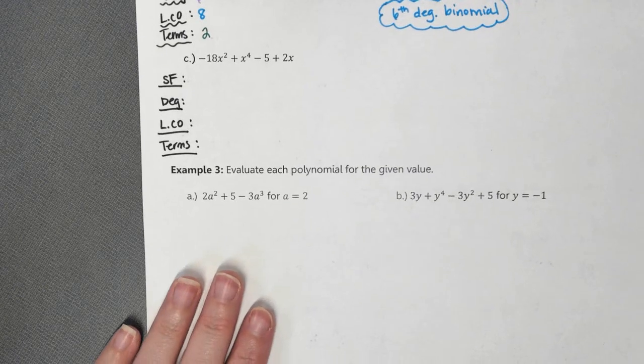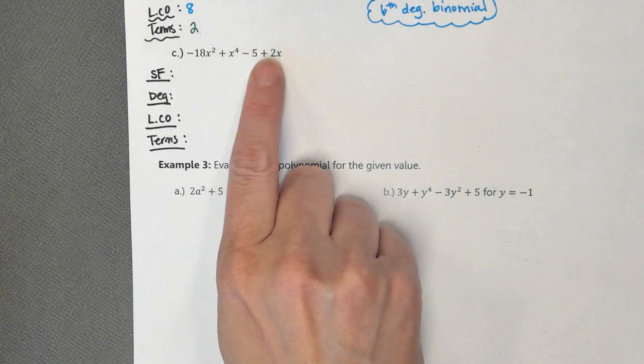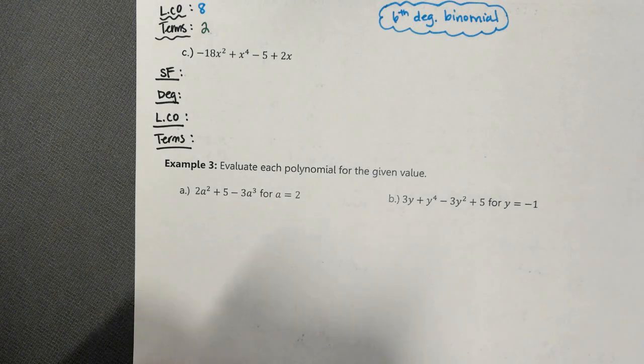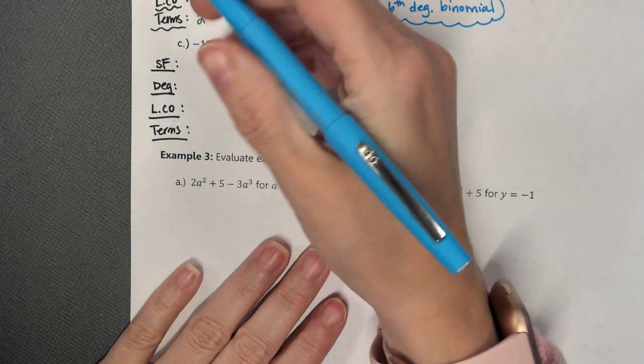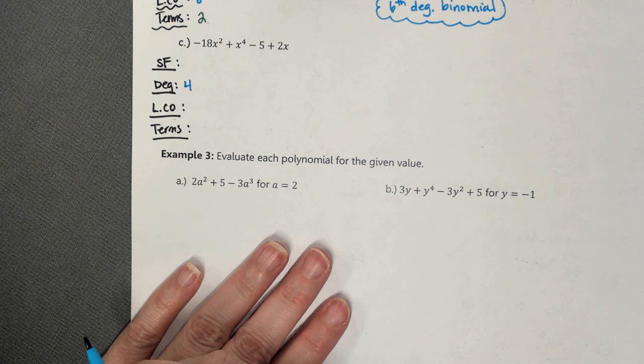So let's pick out the highest exponent. Which one's your highest exponent? 4. Okay, so that is going to help us in 2 ways. First, that's going to be the degree, right? It's going to be 4.